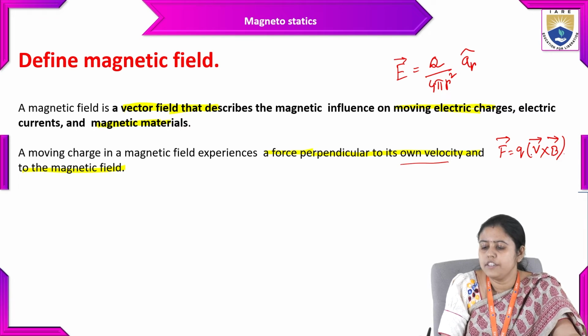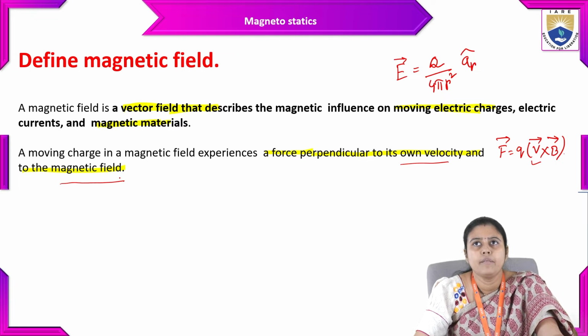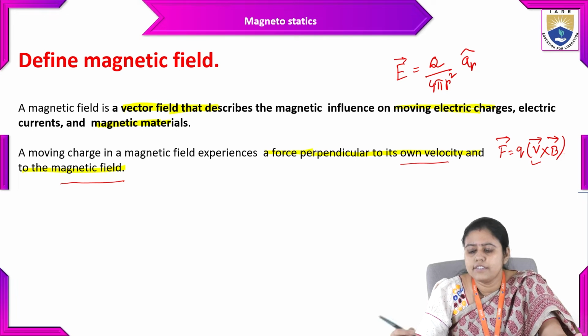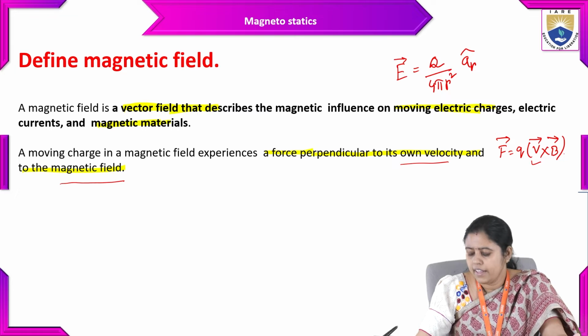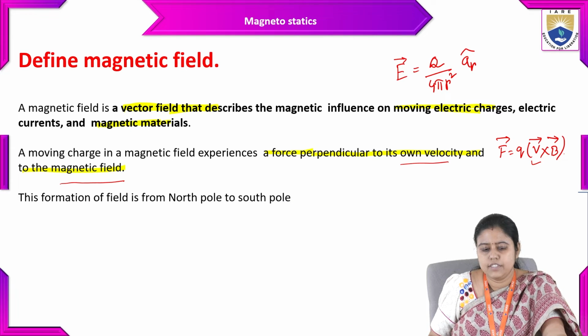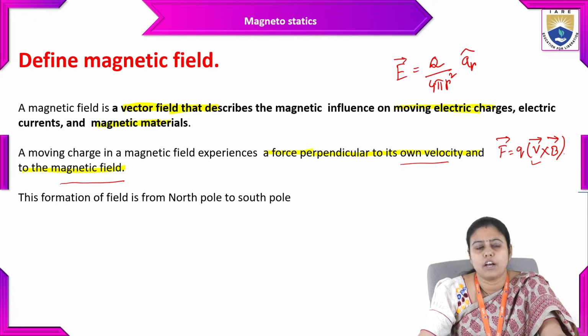It involves its own velocity V and the magnetic field intensity B. As this is a cross product, from here you can understand that the force is at 90 degrees, perpendicular to its own velocity.